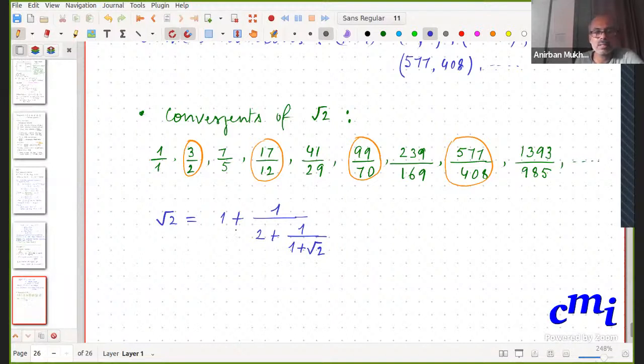So this gives a recursive way of writing the continued fraction, and just recall that the continued fraction expansion is just this. It's a periodic continued fraction, with repeating 2. So 1 followed by repeating 2. That's the continued fraction expansion of square root of 2.